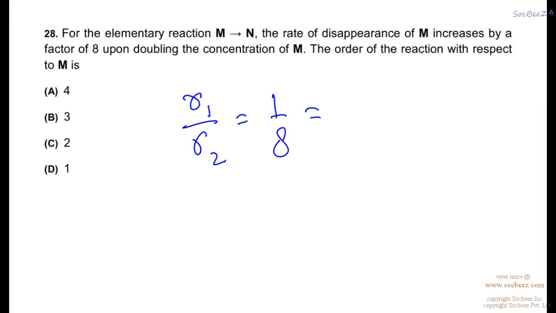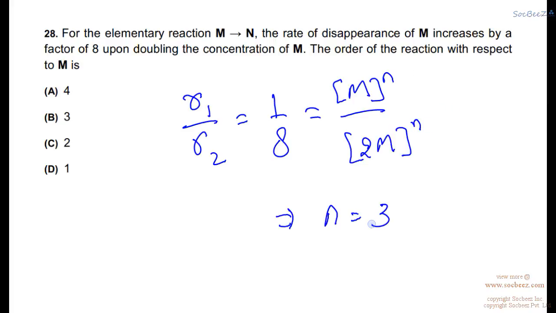Now since we have increased the concentration by a factor of 2, the power n will give us n equals 3. So the correct option is B. The order of reaction with respect to M is 3.